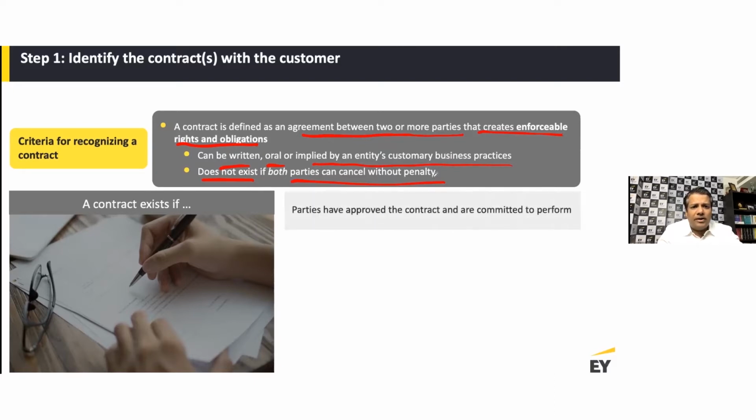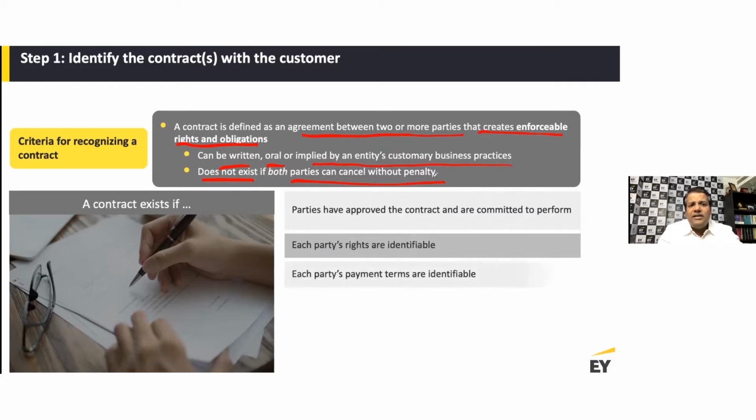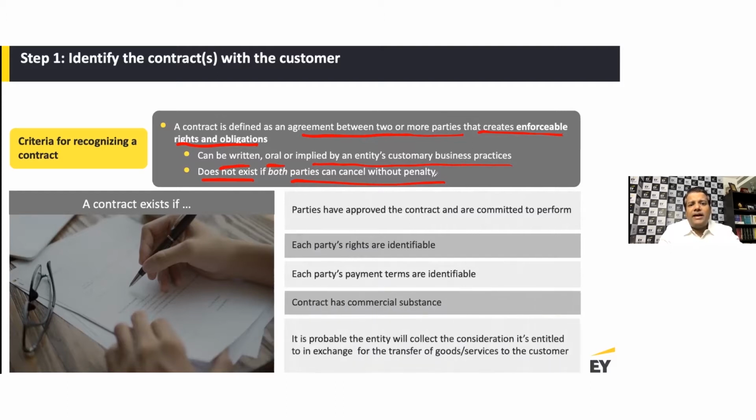So what are some of the important things? The parties have approved the contract and are committed to perform. Each party's rights are identifiable. Each party's payment terms are identifiable. The contract has commercial substance. It is probable that the entity will collect the consideration it is entitled to in exchange for the transfer of goods or services to the customer.